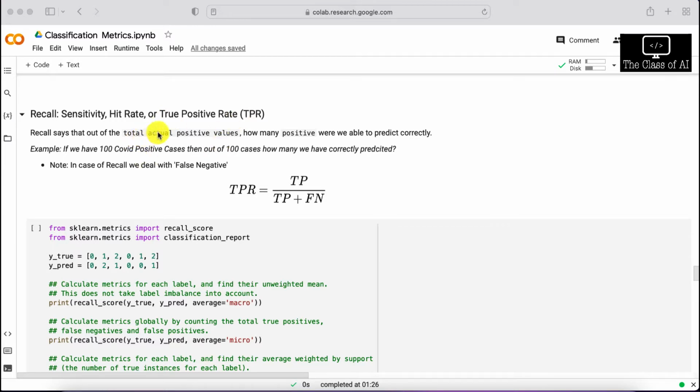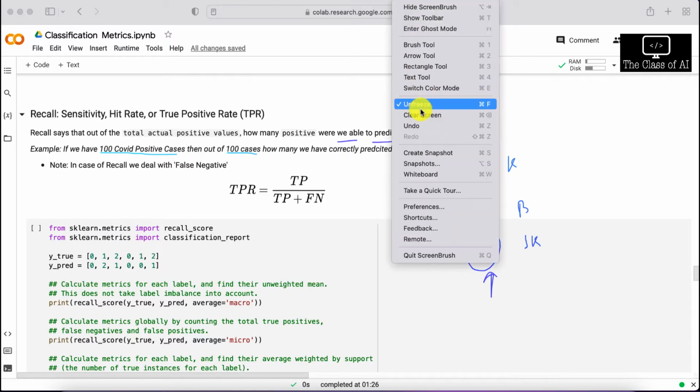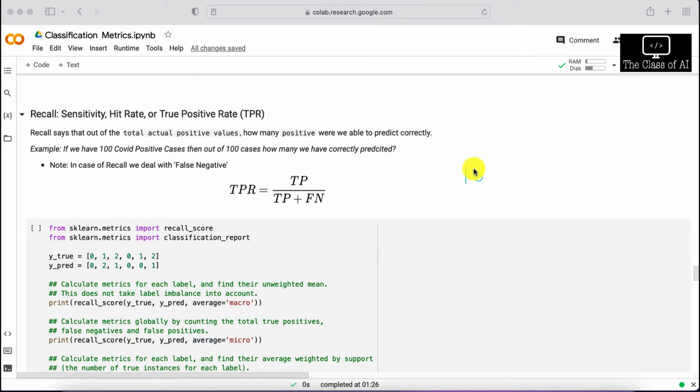So recall basically focuses on identifying how many positives we correctly identified out of the total positive cases. So pretend that there are 100 positive cases, and out of those 100 cases, how many have we correctly predicted? Let's say we have 100 COVID cases within the school, and we conducted the test, and out of these 100 cases, we said that only 80 are positive and 20 are not positive.